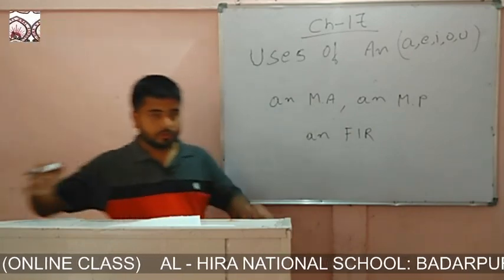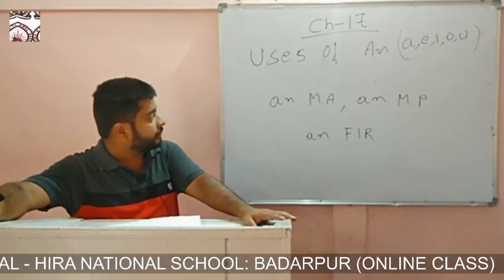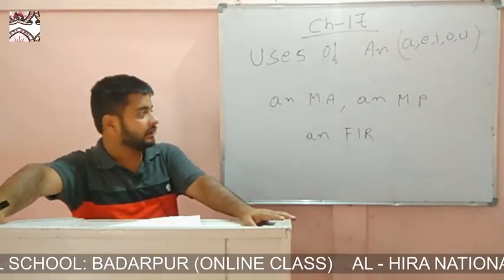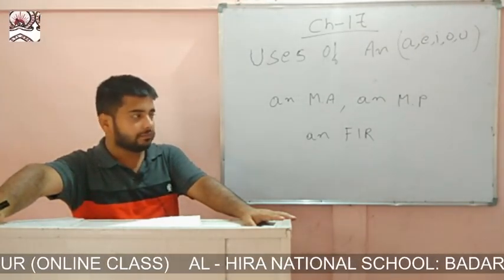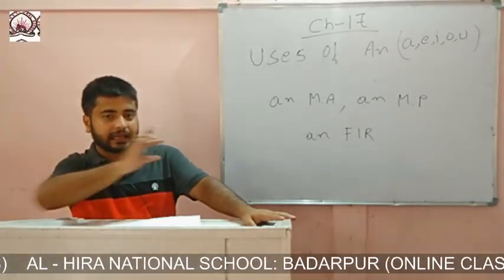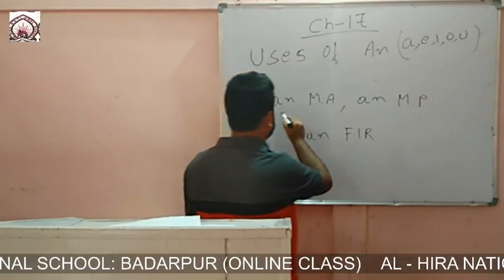So here you see that I have not written "a", but I have written "an". Why have I written it? If you pronounce M, it is not coming out as "M", it is coming out as "em", so the sound is a vowel. So here I have written "an".